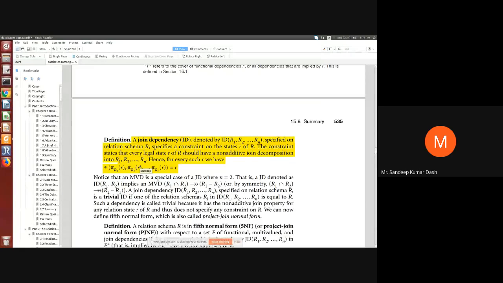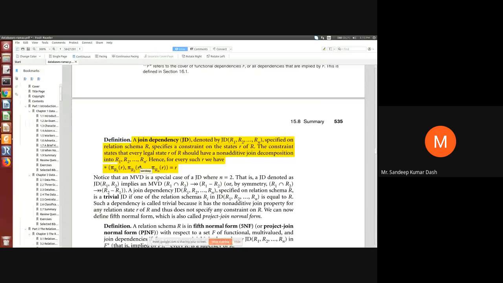Some examples we saw. In natural join, the common attribute names are the same. In the previous example, the names were different, so that was called equijoin, where you write department.dno equals employee.dnumber.